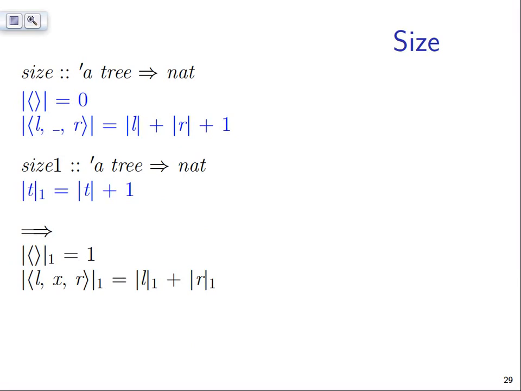Size1 of a leaf is 1, and size1 of a node is just the sum of the size1 functions of the subtrees. And I will be using both functions, both this one and the size without the 1. One is naturally, sort of come from discrete mathematics, you're naturally inclined to start counting at 0.